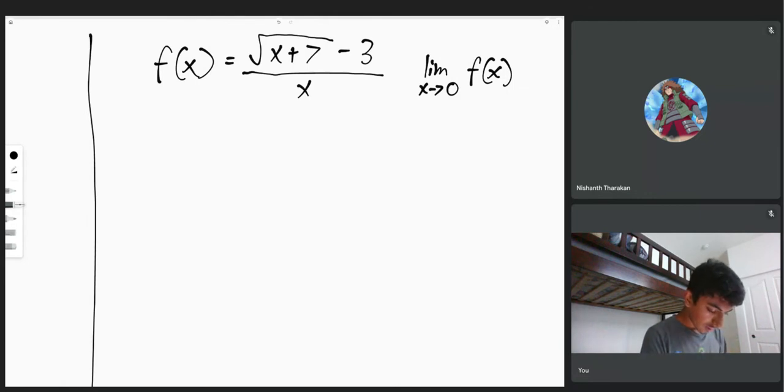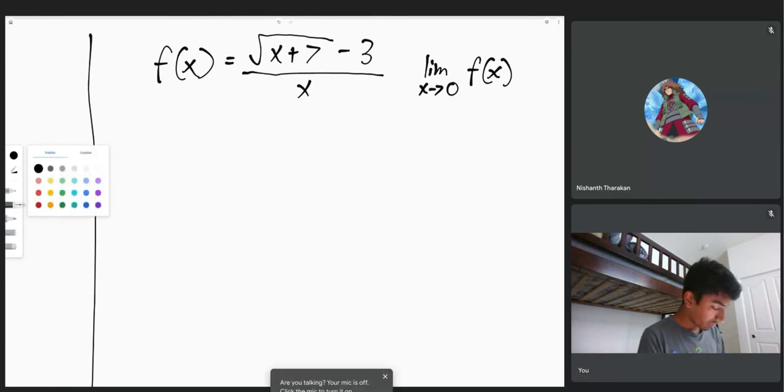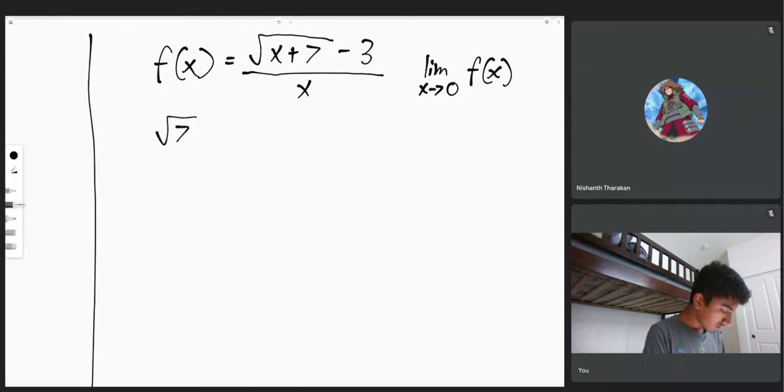Now, a rather large group of you might have already noticed that evaluating already gets the job done, because root 7 minus 3 over 0, you can't simplify it, and it just becomes undefined.